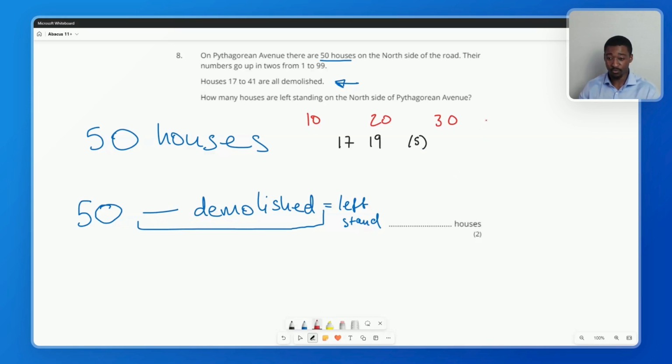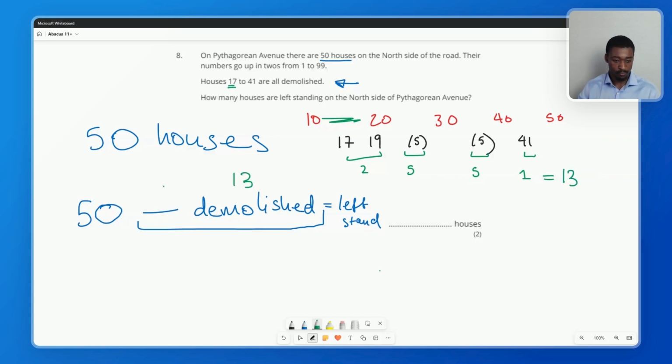Between the 30 and 40 bracket, again 5 houses demolished. And in the 40 to 50 bracket, we have house number 41 demolished. So altogether, let's say green, we have 2 houses here, 5 houses here, 5 houses here, and 1 house here. The number of houses demolished is 2 plus 5, 7, plus 5, 12, plus 1, 13. So 13 houses demolished.